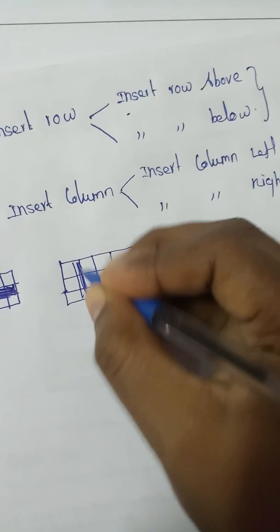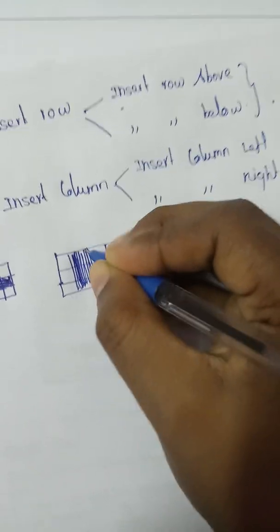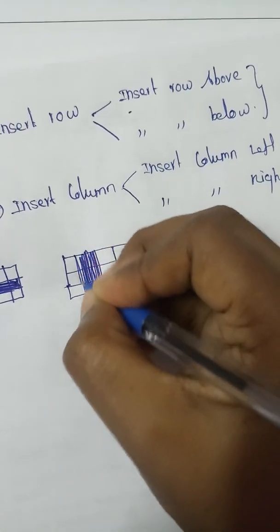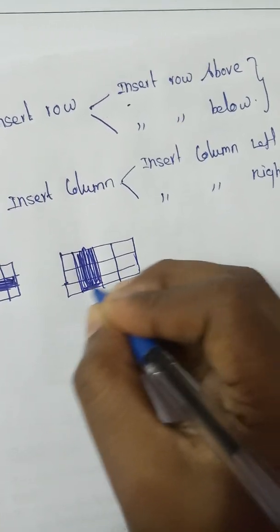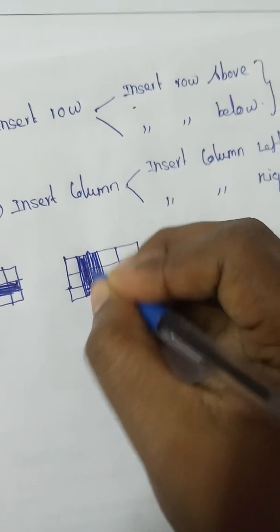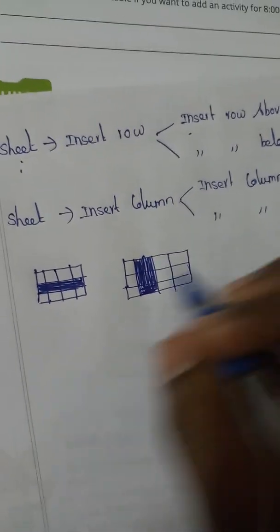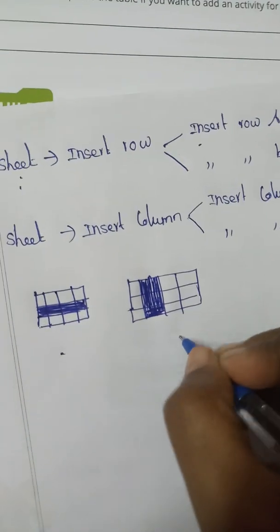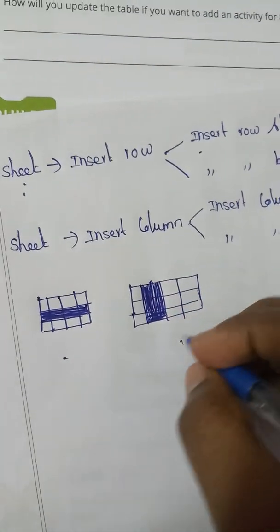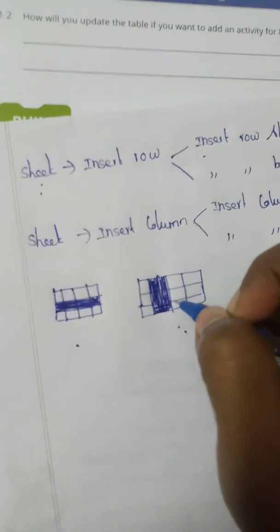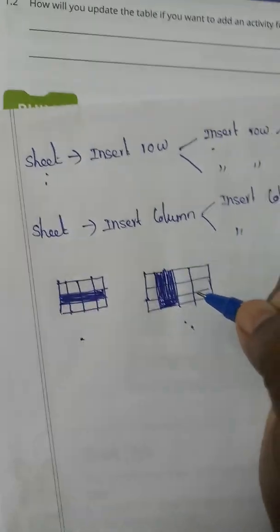This is the icon for Insert Column. This is for insert row and this is the icon for insert column. There are two options. You can use any one of them and apply to your table.